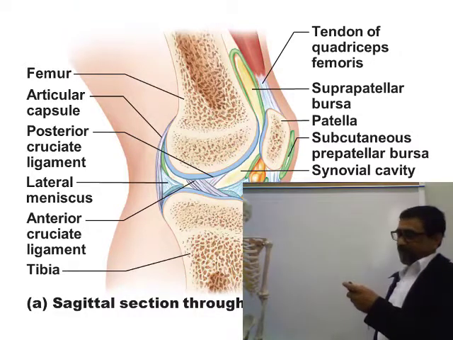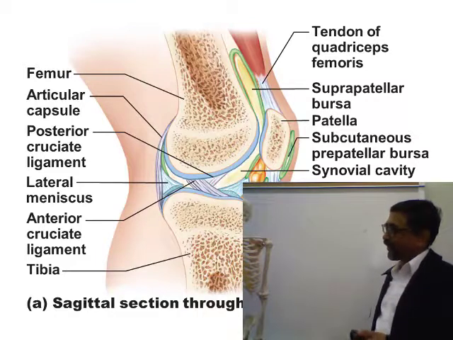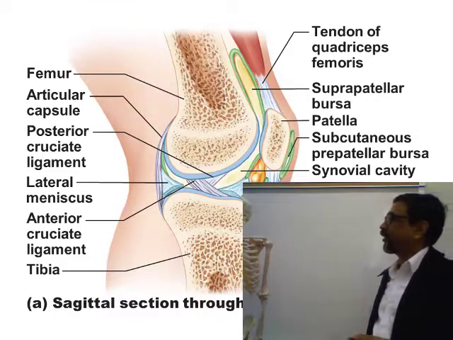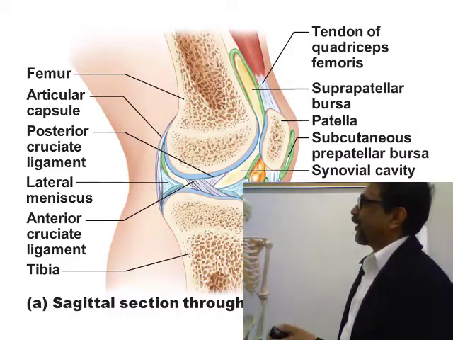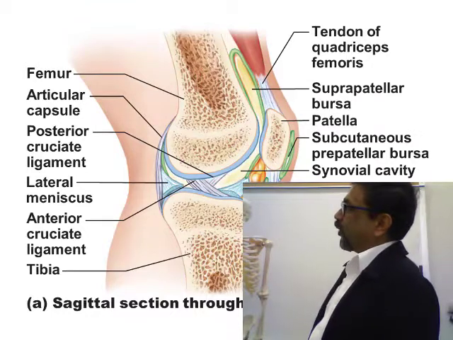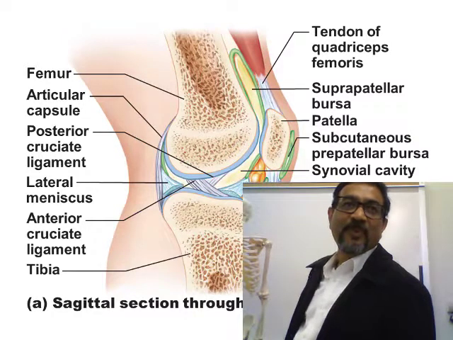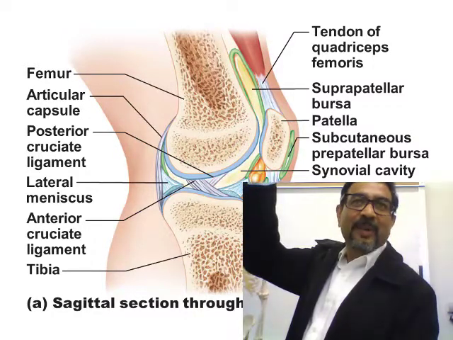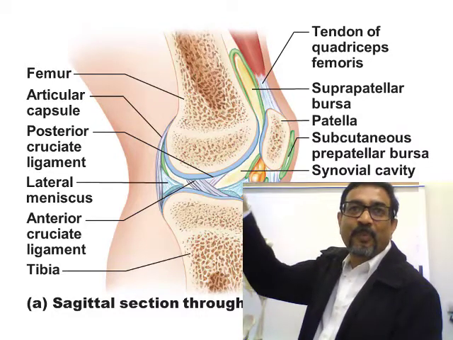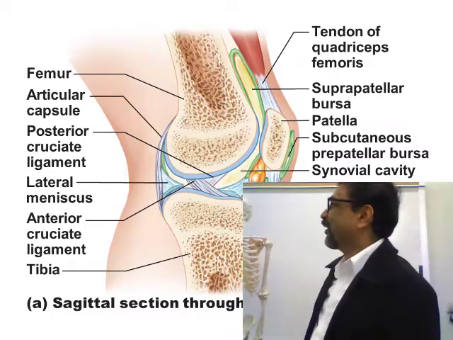So which bursa are present around the knee joint? Let's see from the top. You see that large one above the patella, that is called suprapatellar bursa. Makes sense? The name supra means what? Above the patella. That's why it is called suprapatellar bursa.